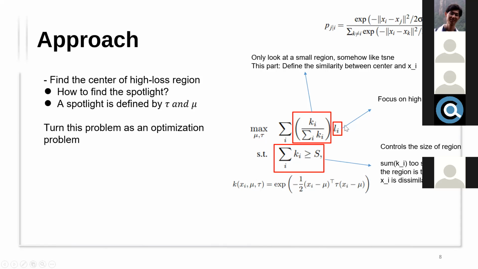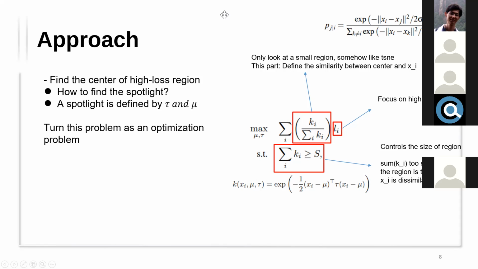If you remember, we are saying it tries to find any continuous high loss region. So Li basically controls the loss. It tries to focus on any continuous high loss region, and the weighting part means we only look at a small region.